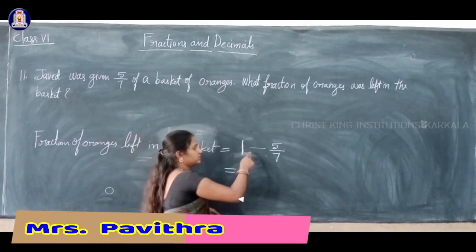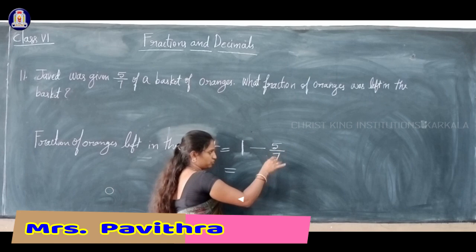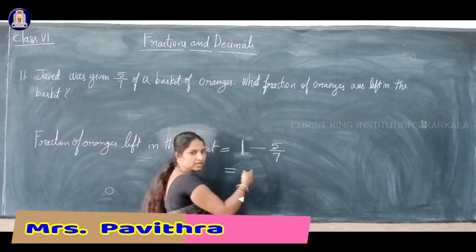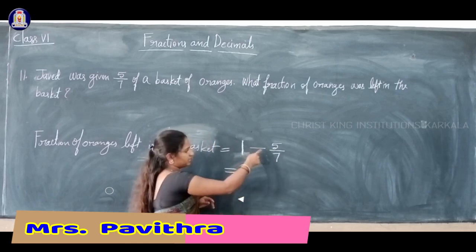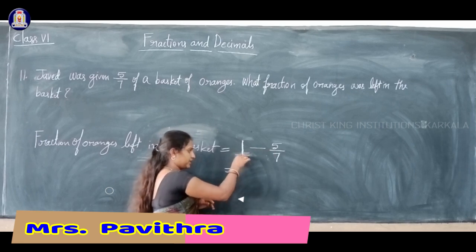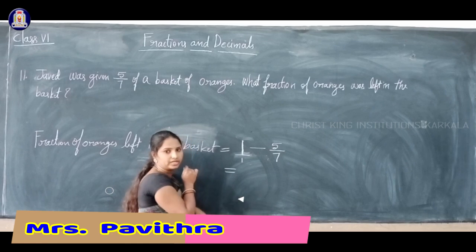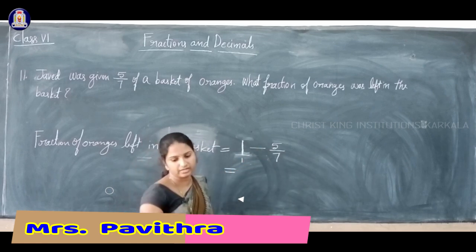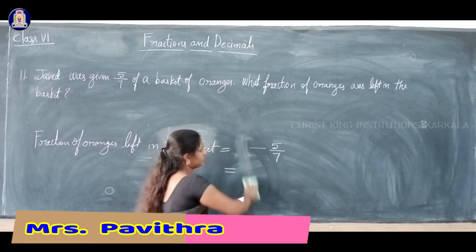To find the remaining oranges, first make the same denominator, then subtract. So 1 by 1 minus 5 by 7.